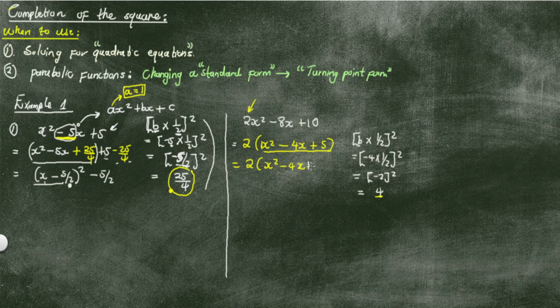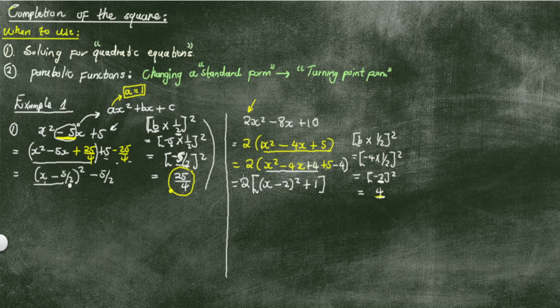That answer of 4 we add right here. So we add 4 here, let's say I have this plus 5, and then I come back and subtract the answer I got here, equal to 2 in the square bracket. The first 3 terms you take and factorize, open a bracket to place our x, then this minus 2 squared. 5 minus 4, that's 1, so it's a plus 1 here.